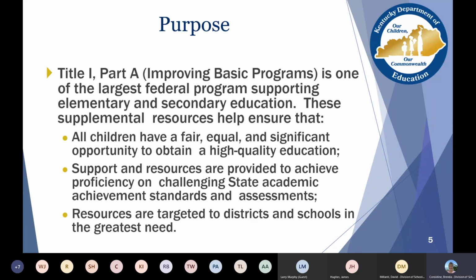And there are supplemental resources that help ensure that we want all children to have a fair, equal, and significant opportunity to obtain a high quality education. And I think everyone, when they think of Title I, that is the game changer. It is to equalize and provide all students that opportunity to get a high quality education.